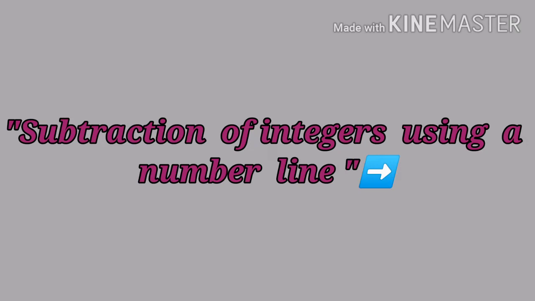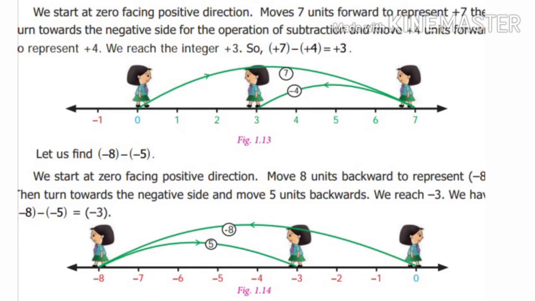Second operand is the one which is given next. Let us try to subtract integers using the number line activity we studied earlier. We should follow the same instructions as before, but whenever we need to subtract, we turn towards the negative side.